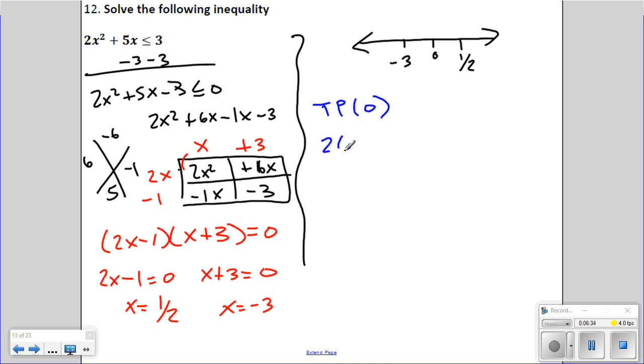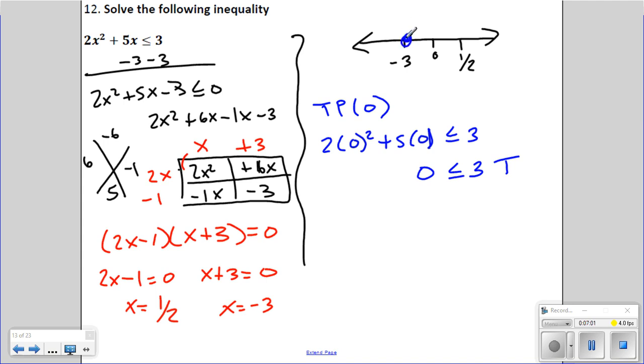So that's 2 times 0 squared plus 5 times 0 has to be less than or equal to 3. On the left-hand side, it computes to just be 0. Is 0 less than or equal to 3? Yes, that's true. So notice that 0 is in between, so we're going to shade in between.